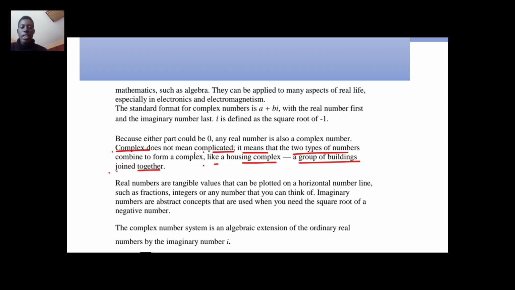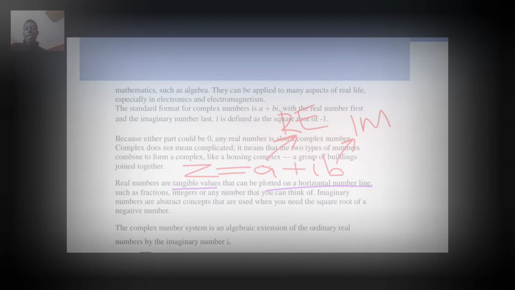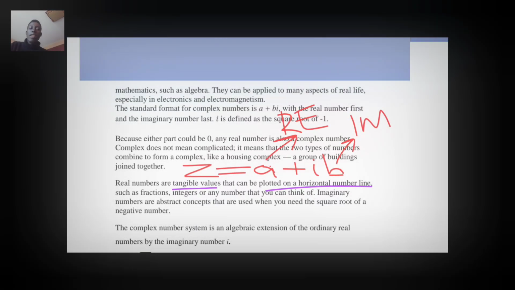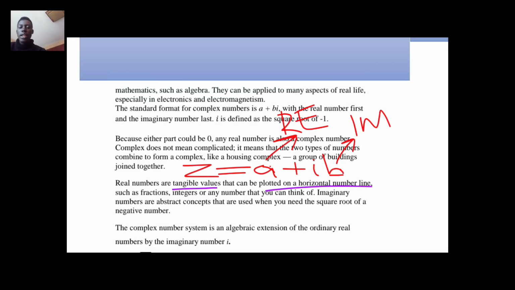Real numbers are tangible values that can be plotted on a horizontal line. When you are plotting a complex number, the real part is plotted on the horizontal line, as fractions, integers, or any number that you can think of.